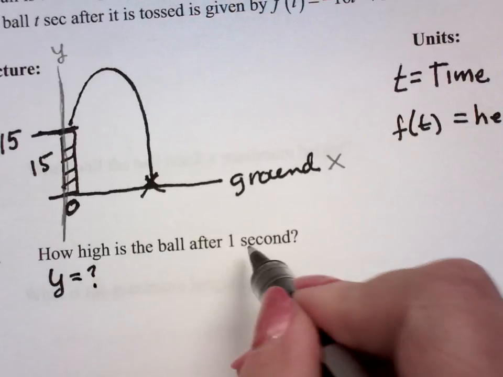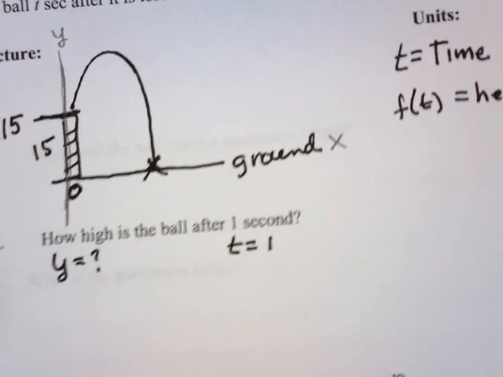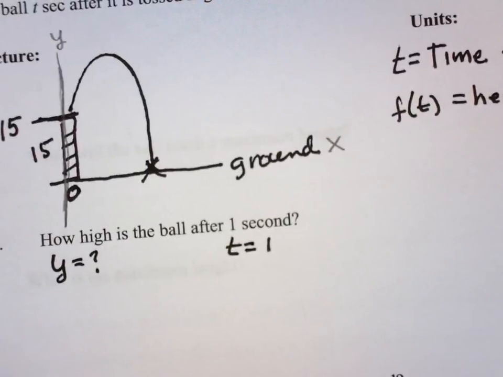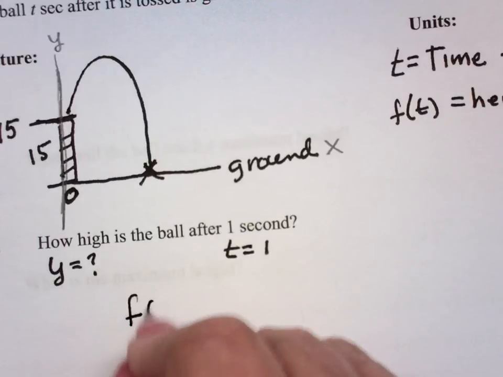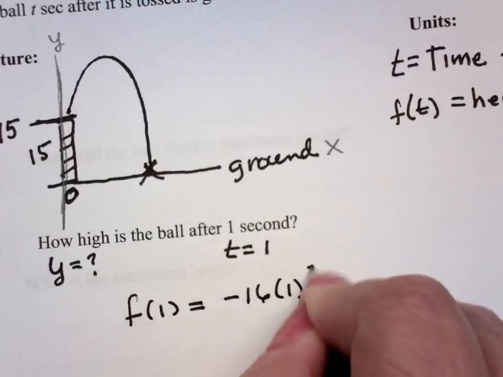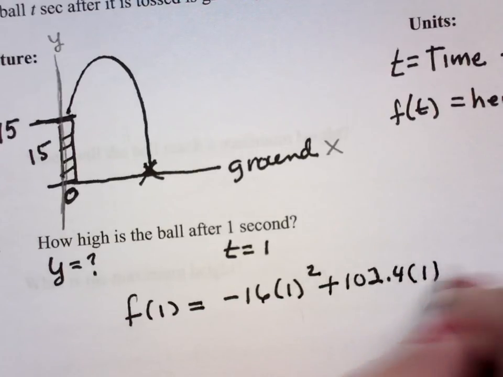Is the ball after 1 second when t equals 1. So that tells me I'm going to put in t, put in x, and get out y. So this then becomes f of 1, which is negative 16 times 1 squared, plus 102.4 times 1, plus 15.